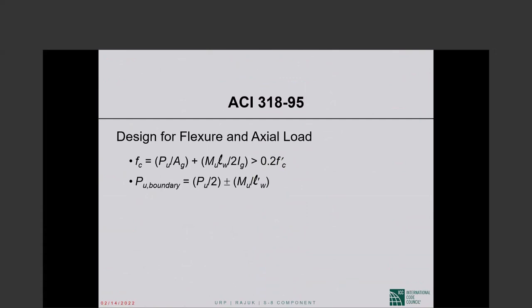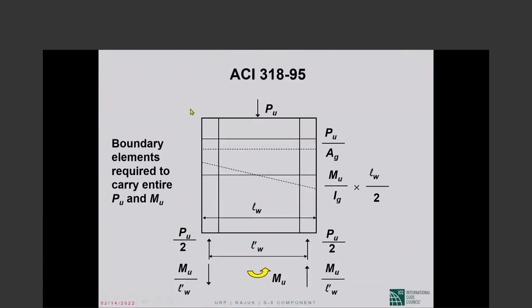So now we have to design the two boundary elements, the two columns at the ends, to carry the entire P sub U and the entire M sub U. So each of these boundary elements has to be designed to carry a compression equal to 1/2 of P sub U plus the overturning moment divided by the distance between the central lines of the boundary elements.